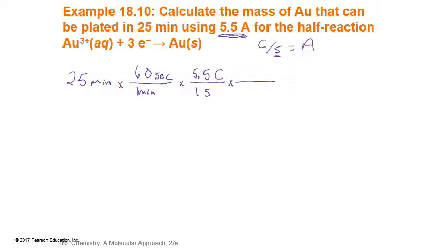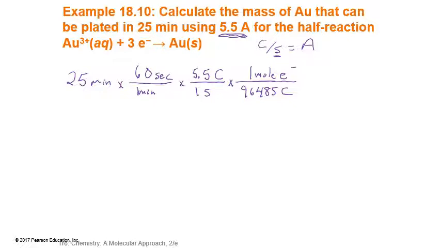Now if we use Faraday's constant, which is 96,485 coulombs for 1 mole of electrons. So now that gets us into moles of electrons.